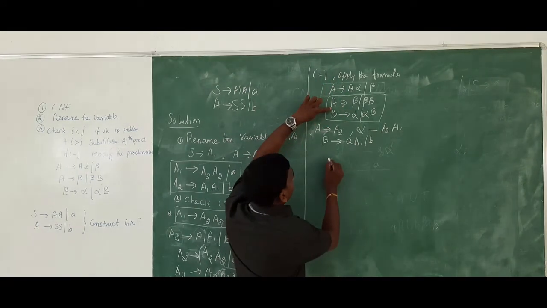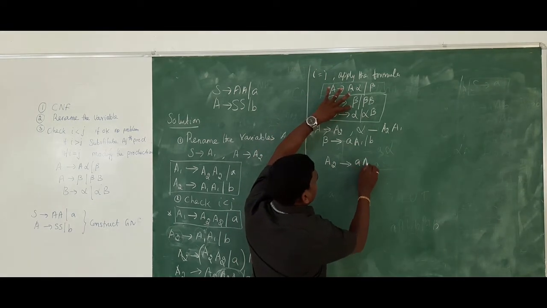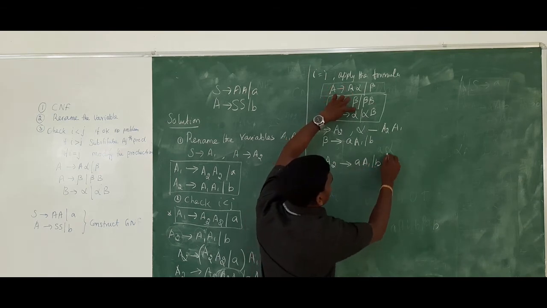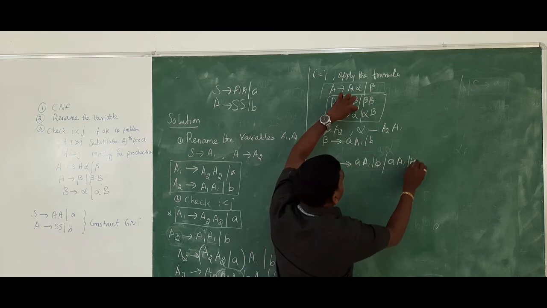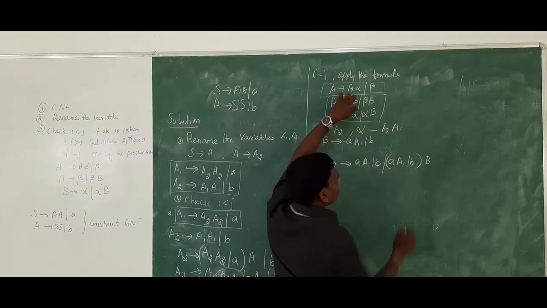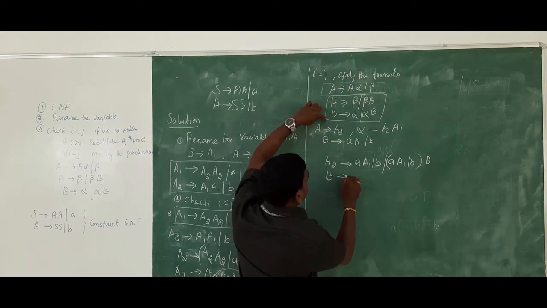See, A2 tends to beta. Beta means I have A1 slash B slash beta, again beta, A1 slash B into B. Now B tends to alpha.